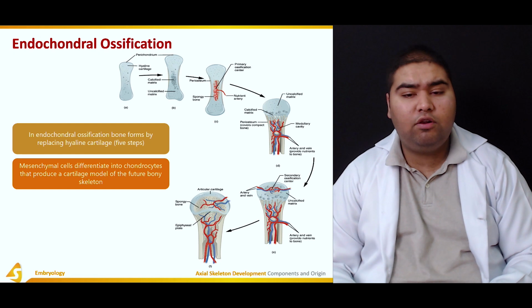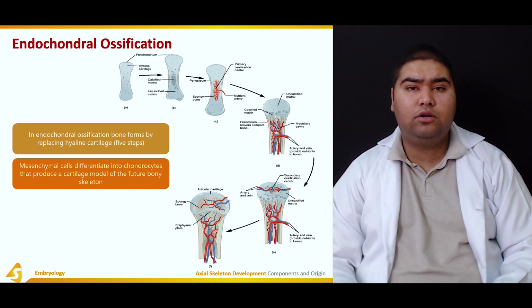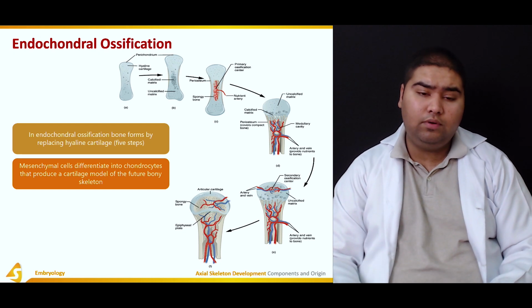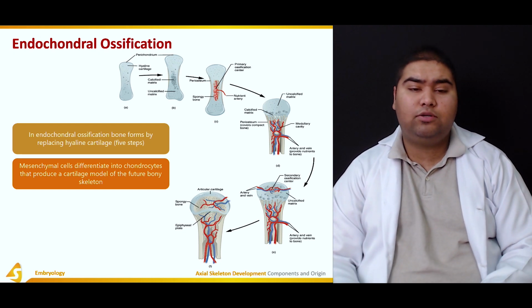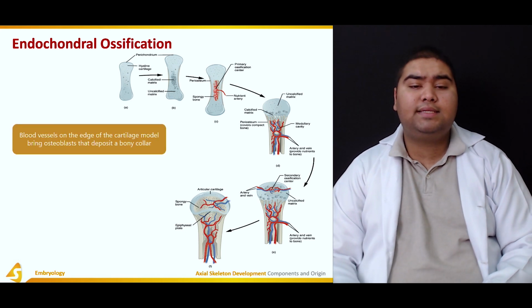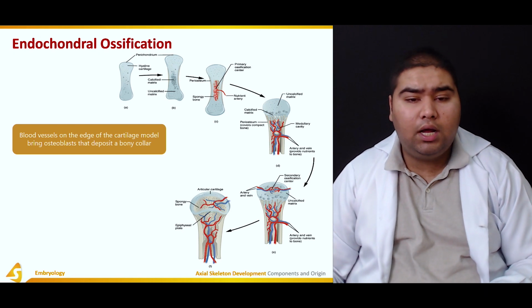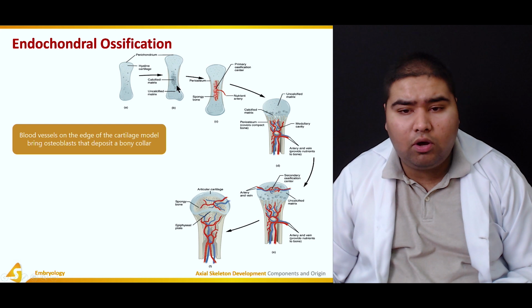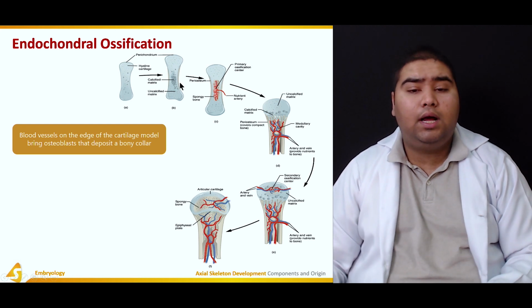So first of all, we have the chondrocytes. The chondrocytes form a cartilage model of the future bone that has to be replaced and formed into a true bone. In the next step, the blood vessels on the edge of the cartilage model begin to deposit the bony collar. This is the bony collar being deposited.